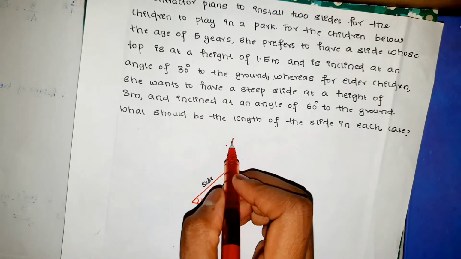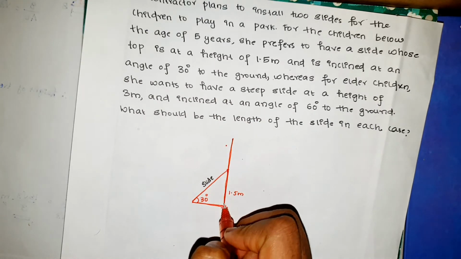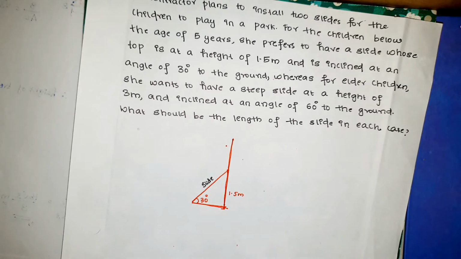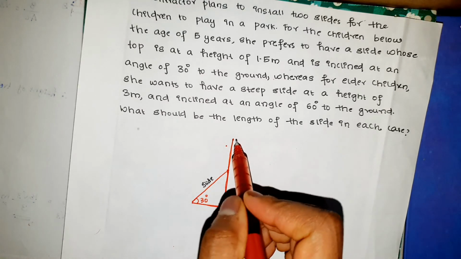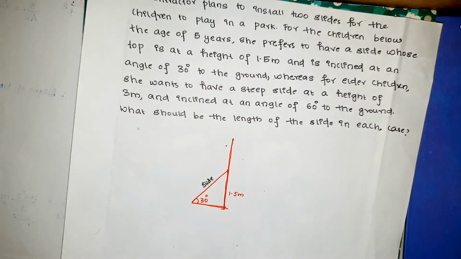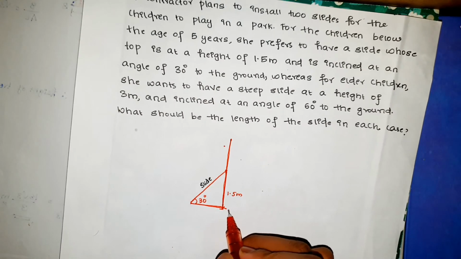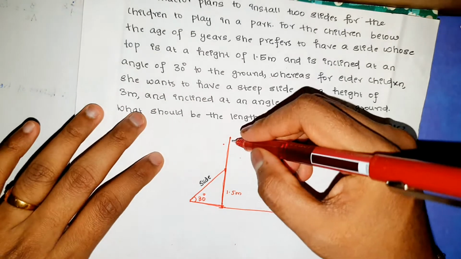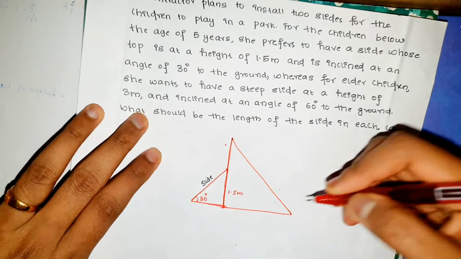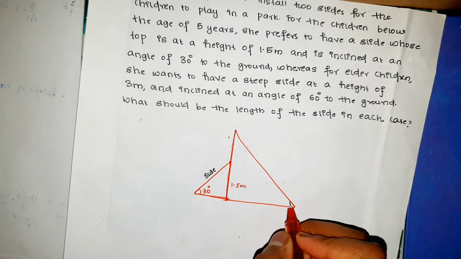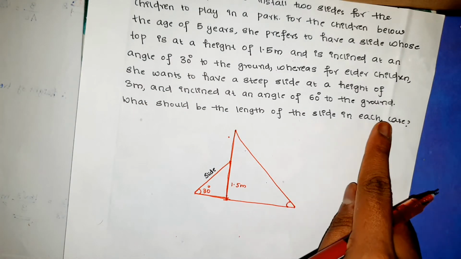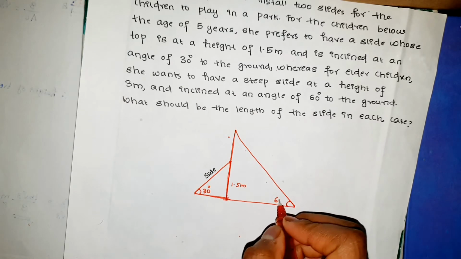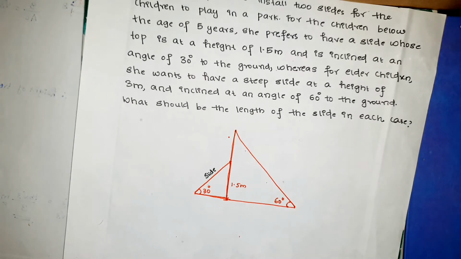So let this be the height of the slide for elder children, 3 meter. It is inclined at an angle of 60 degree to the ground. So this is our ground, let this be our slide, inclined at an angle of 60 degree to the ground.